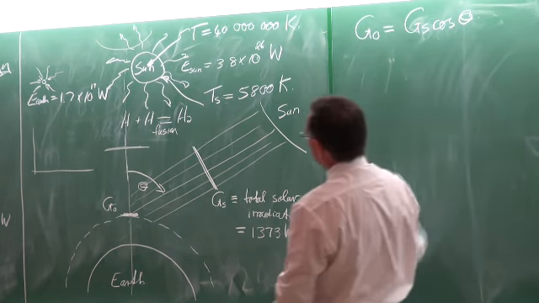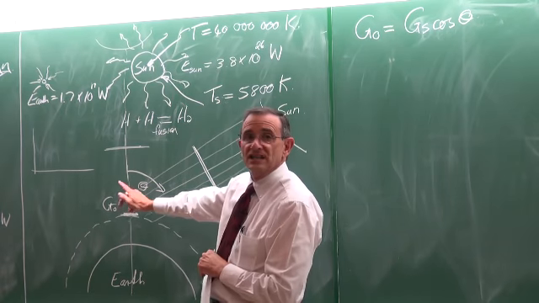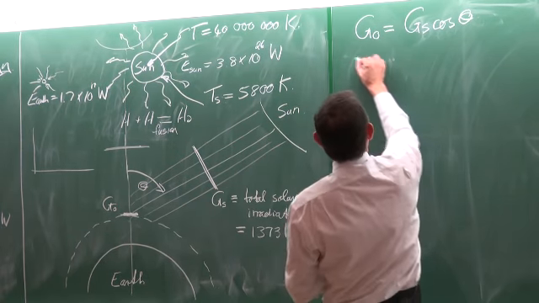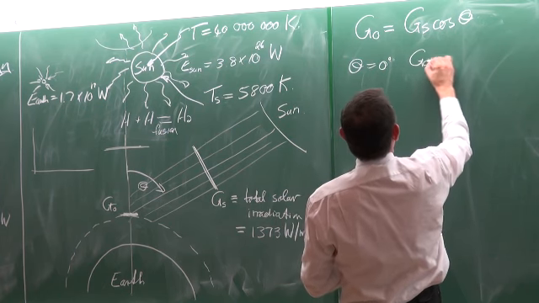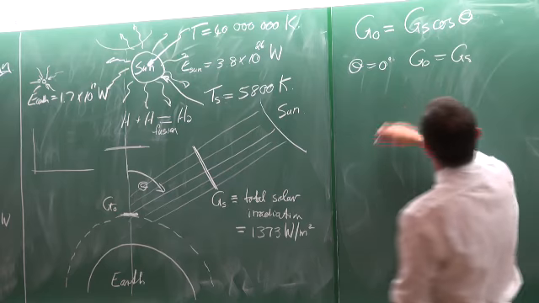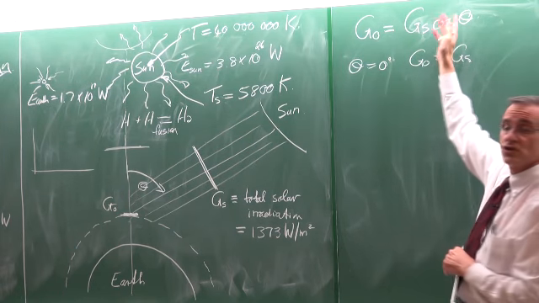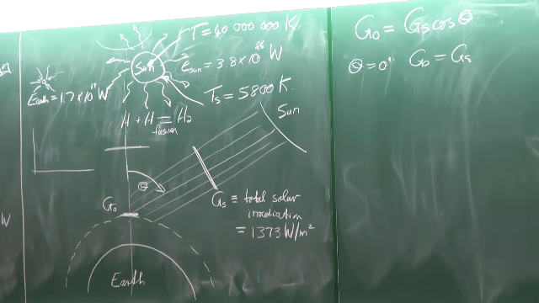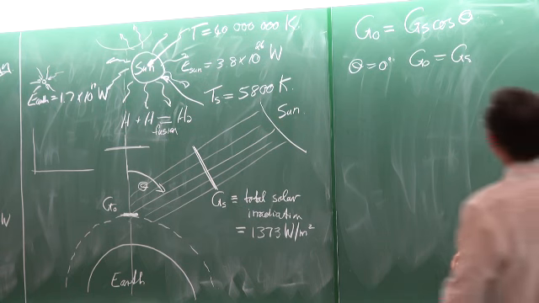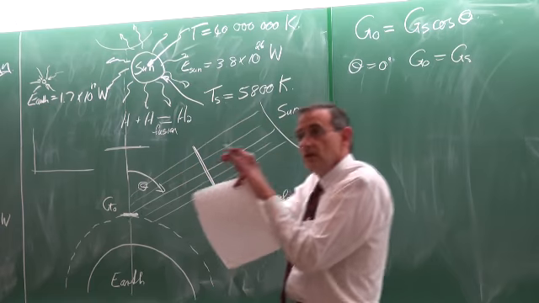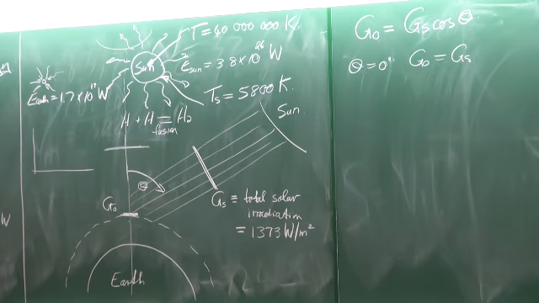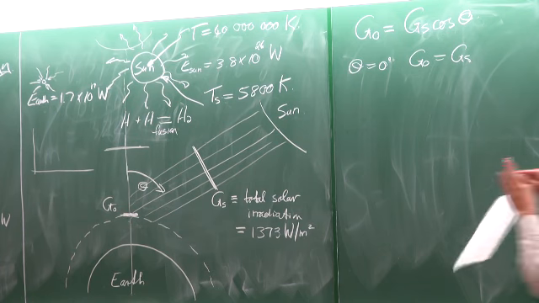If theta is equal to 0, then G0 would be equal to Gs, because the cos of 0 is equal to 1. Then, as the sun moves away, the cos of 10 degrees, 20, etc., up to the cos of 90 degrees, it would be 0.